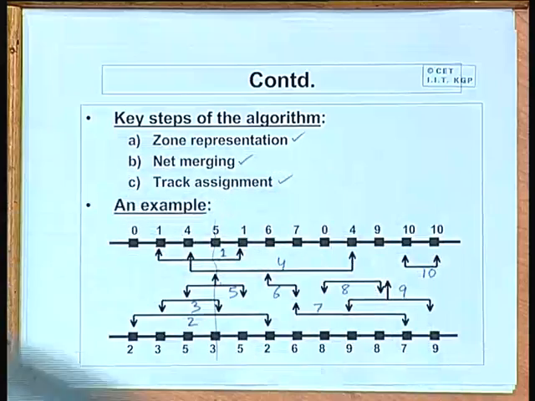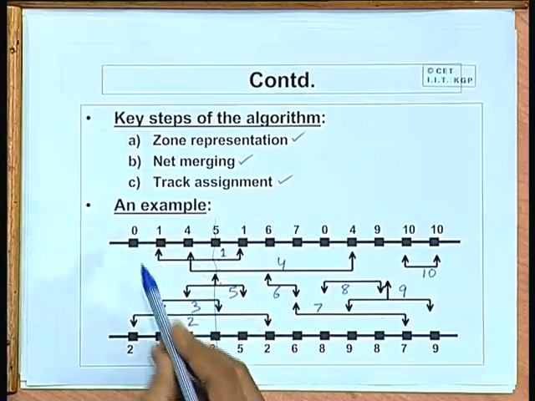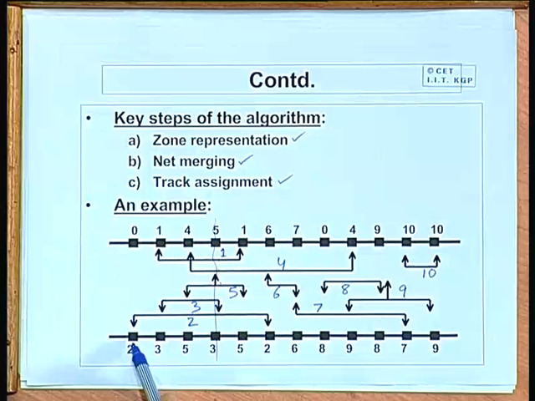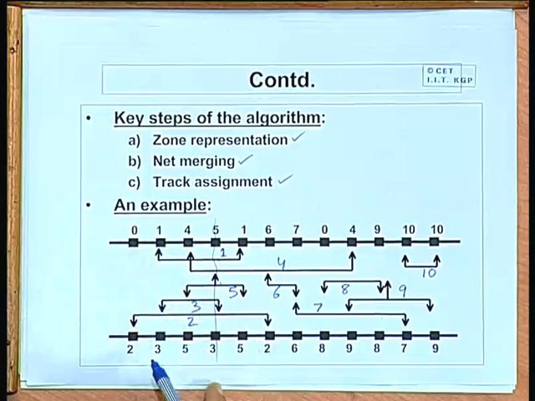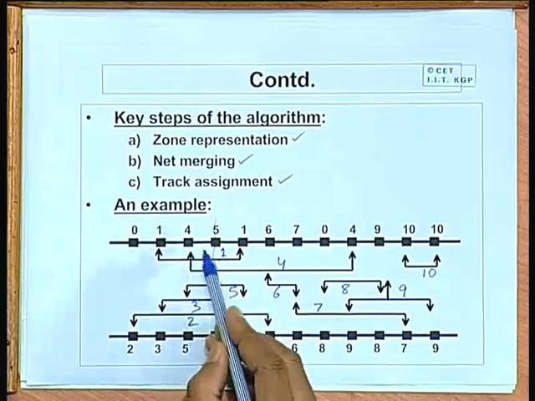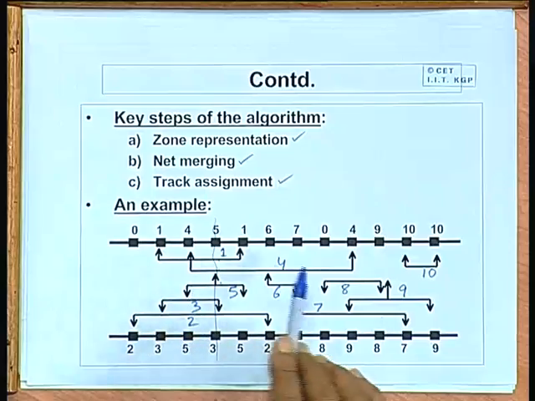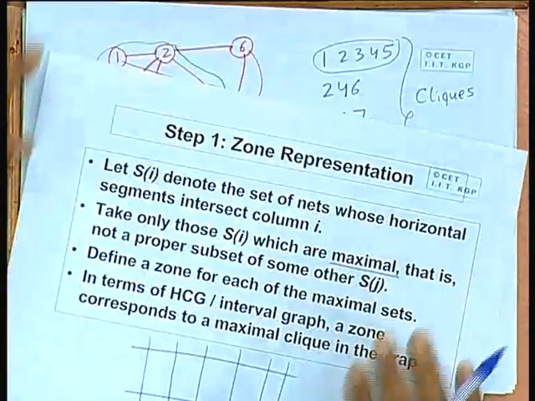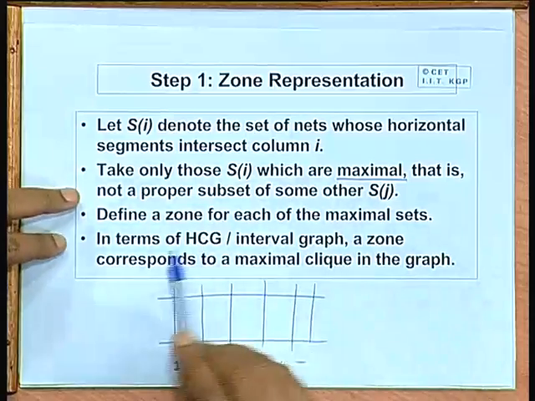So, if you look at this problem once more, say as you scan from the start, column 1, 1 and 2, column 2, 1, 2 and 3, column 3, 1, 4, 5, 3, 2, in this way it goes on. So, I will just show this.